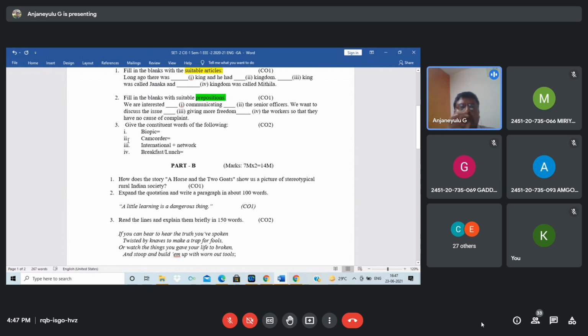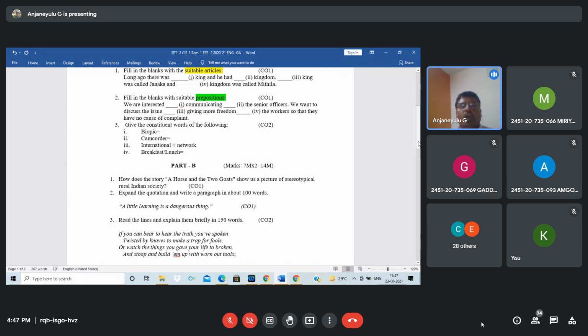What is the elaborate word of biopic? Biography. Epic? Biographical? Not epic, picture. Biographical plus picture, or biography plus picture.